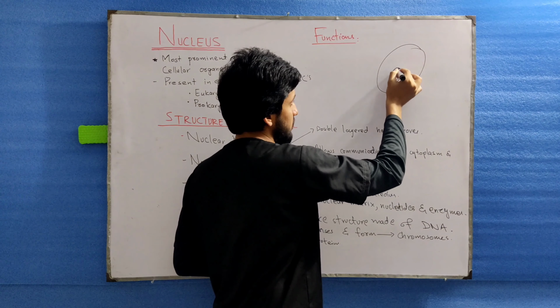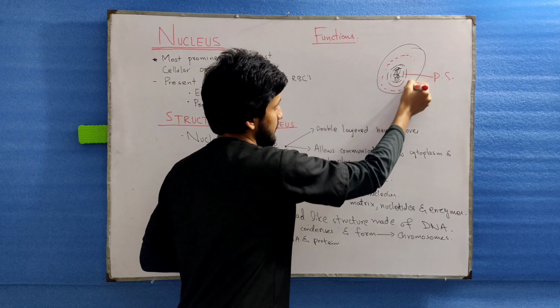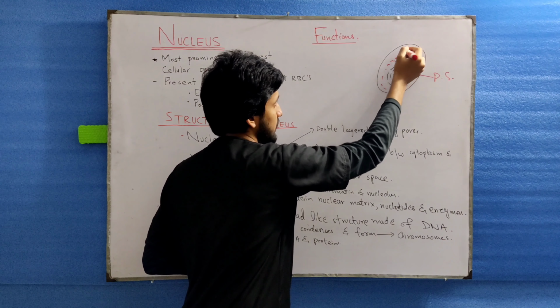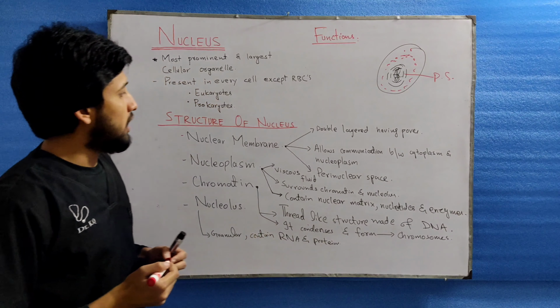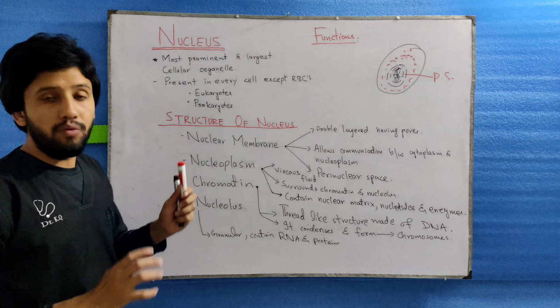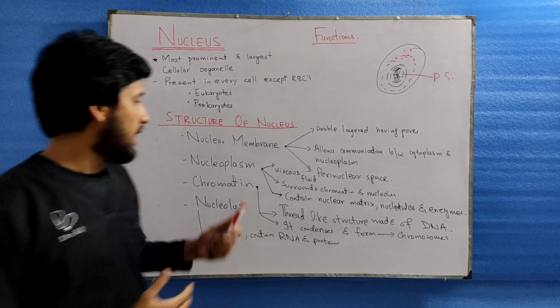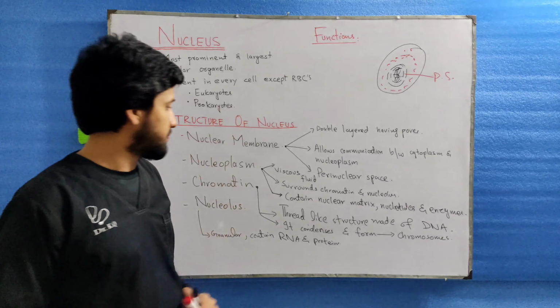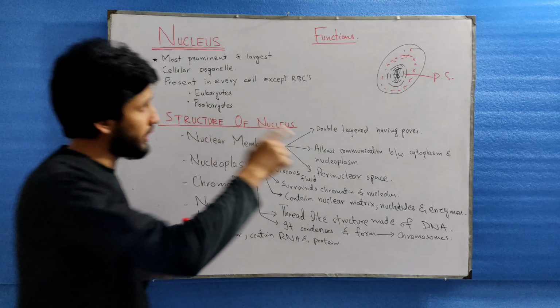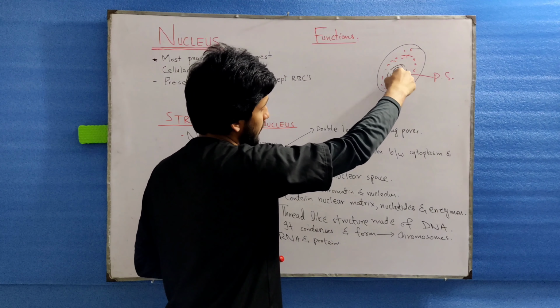The next one is the nucleoplasm. Like cytoplasm, which is present in the cell around the nucleus, the nucleoplasm is also a viscous, thick, sticky fluid. It is surrounding the chromatin.